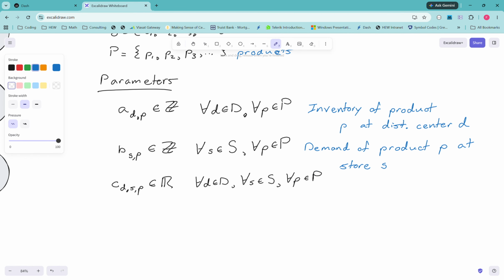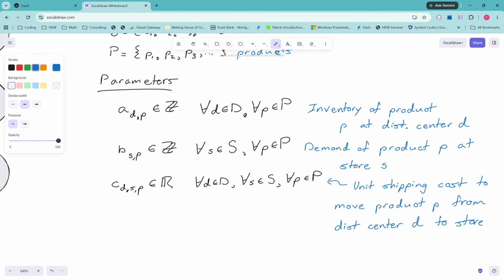So this here, make sure it doesn't get confused with that one, is the unit shipping cost to move product P from some distribution center D to store S.